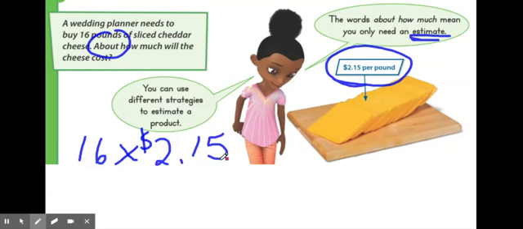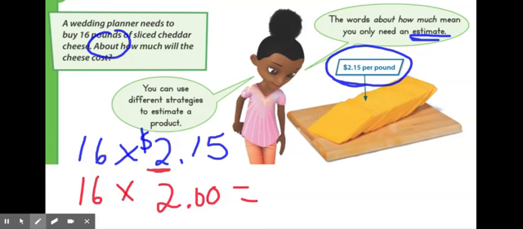Here I have $2.15. Well, I can round that to the nearest whole number. So let's round my decimal to the nearest whole. $2.15 rounded to the nearest ones place will give me 2 and 0 hundredths, or just 2. Can we multiply 16 times 2 pretty easily?